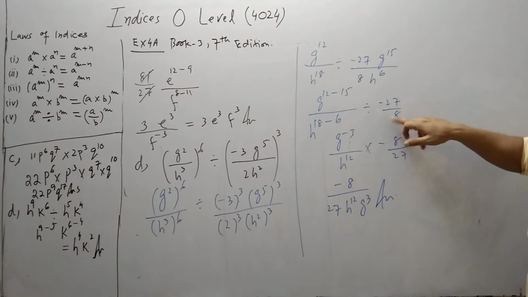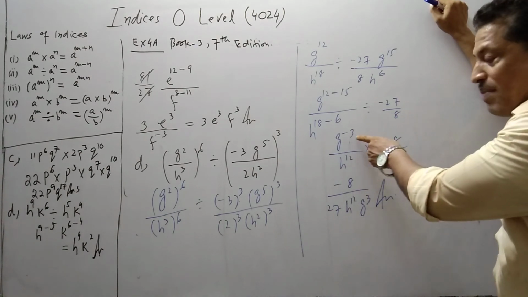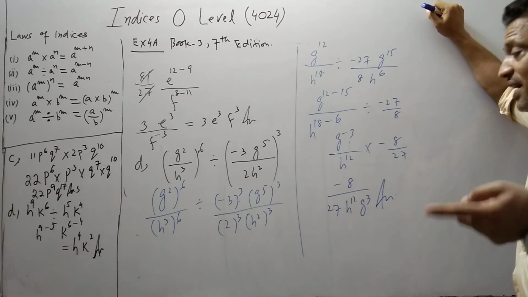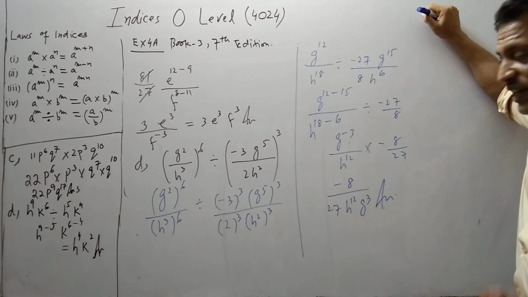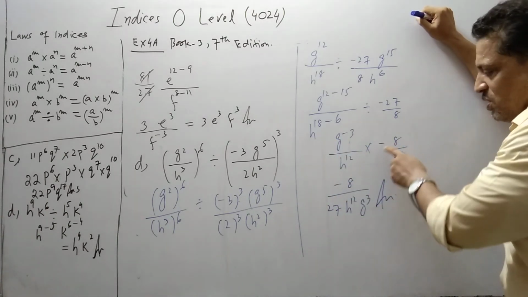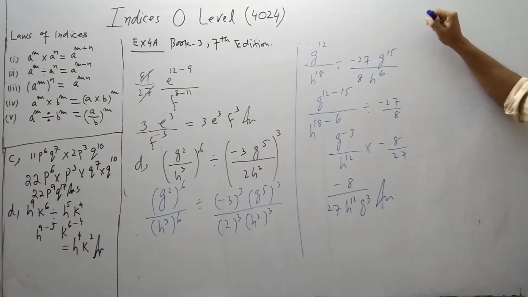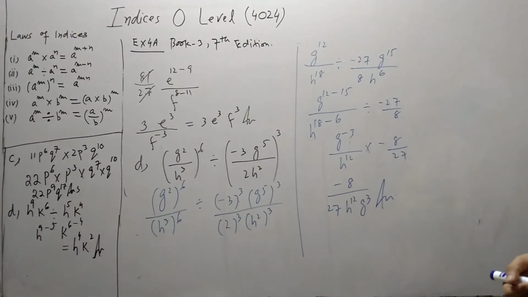So I wrote minus 8 upon 27. And in this case, because this is g^(minus 3) and we always give the answer in positive indices, we make this numerator into denominator. So this is minus 8, this is h^12, this is 27g^3. So your final answer is minus 8 h^12 upon 27 g^3.